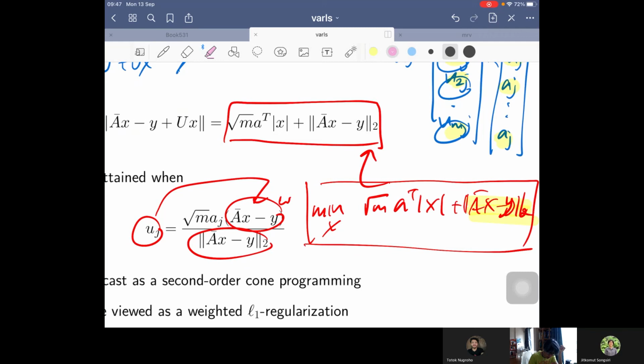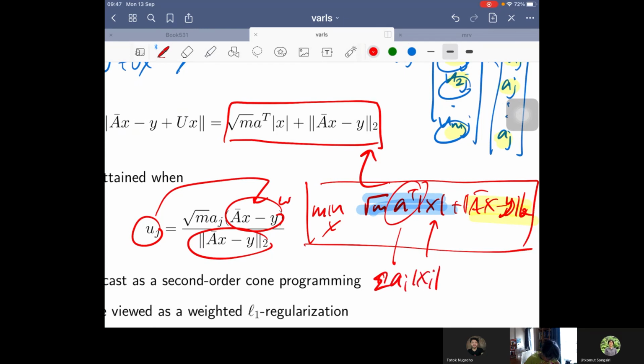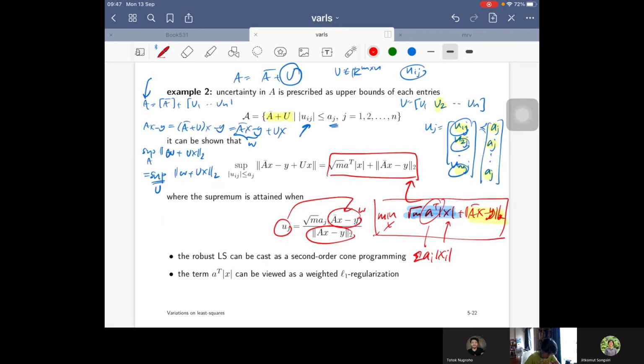But now take a look at the first term. What you do is take the magnitude of the vector x. That is the absolute value function, which is convex, right? And then you take the inner product with a, which is just a scaling. So if you write it down, it's going to be the sum of a_i times |x_i|.